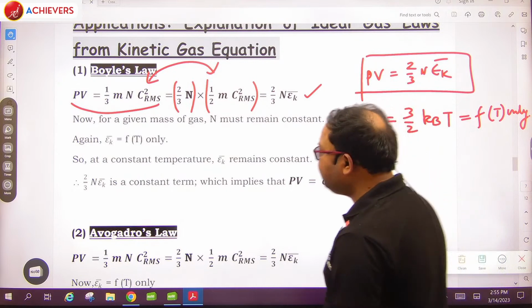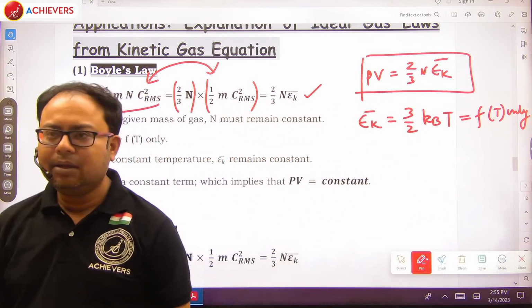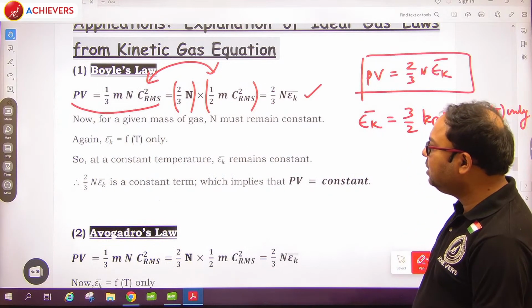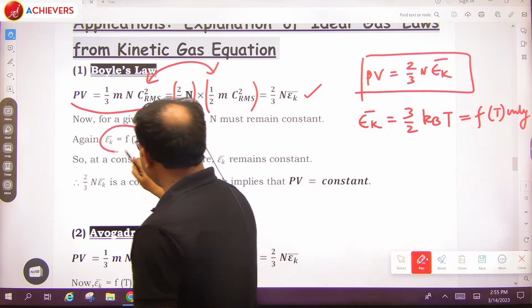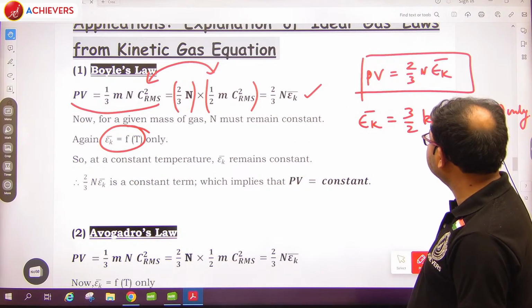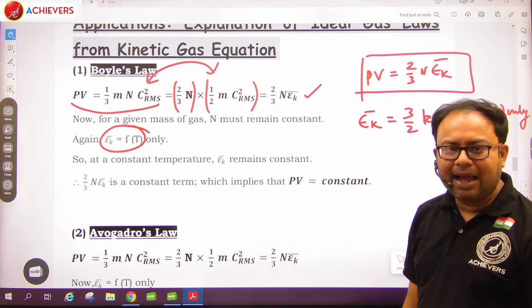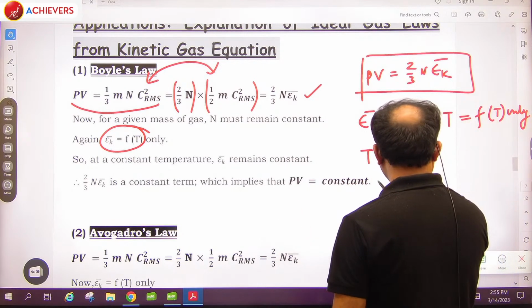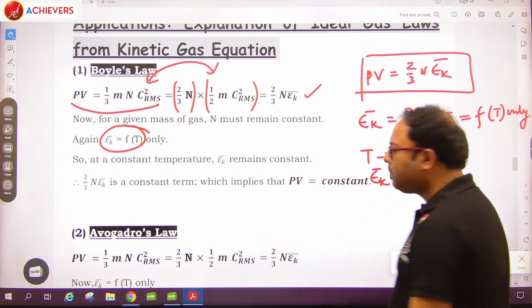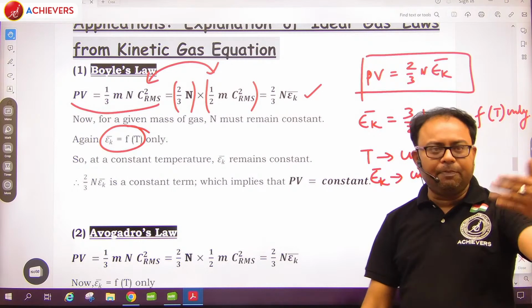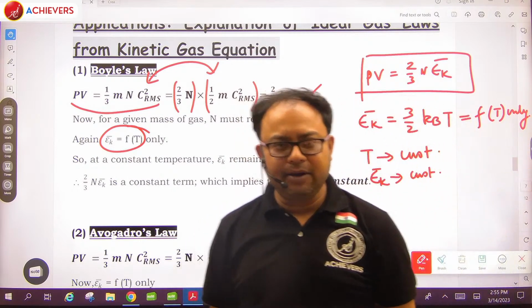So epsilon k is only dependent on temperature. So one can say that if T is constant, epsilon k is constant. If you keep temperature constant, epsilon k bar will remain constant.